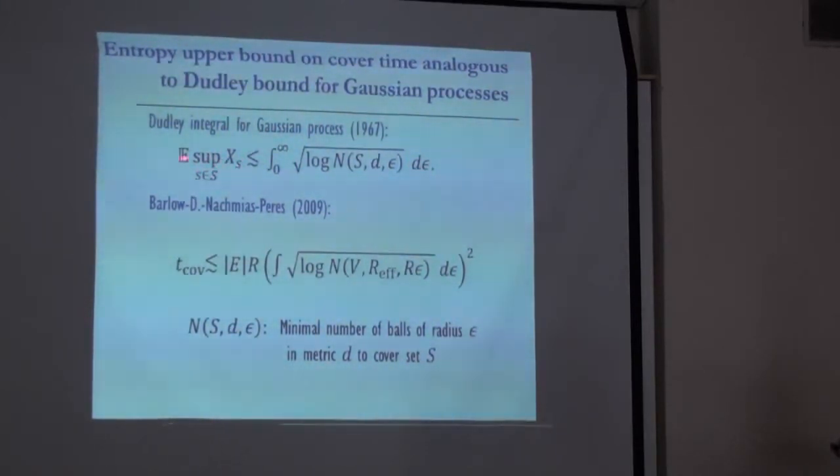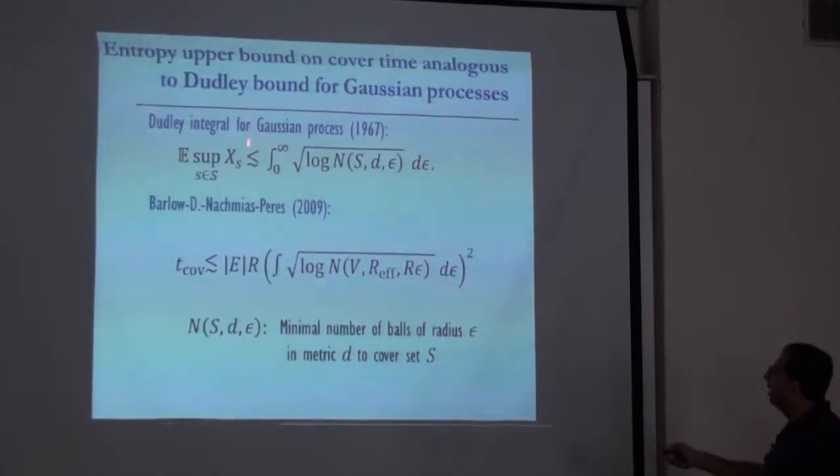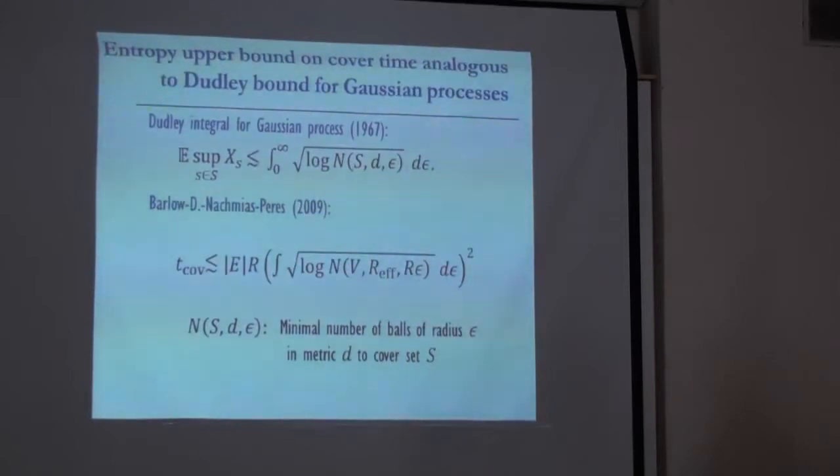It tells you that the supremum of a Gaussian process can be bounded by some kind of entropy integral. Remember, N(S, d, epsilon) is the number of balls of radius epsilon needed to cover a metric space S in a metric d. And this metric d is the natural metric for the Gaussian process. It's just the L2 metric between the Gaussian variables. And this was the Dudley 1967 bound.